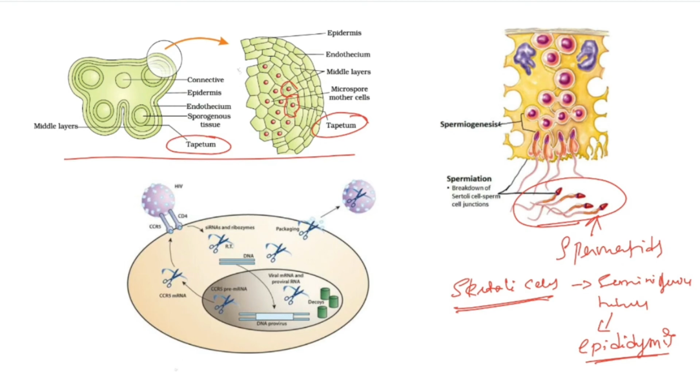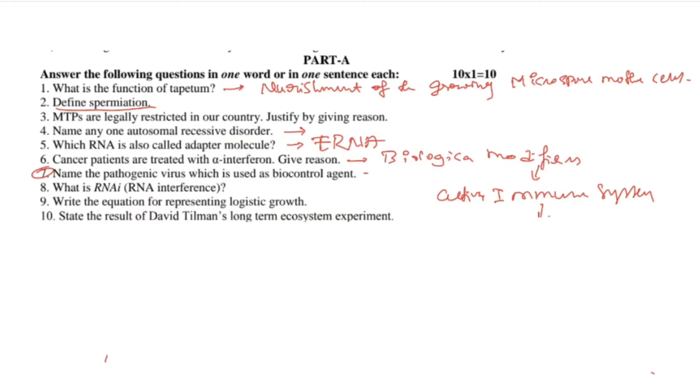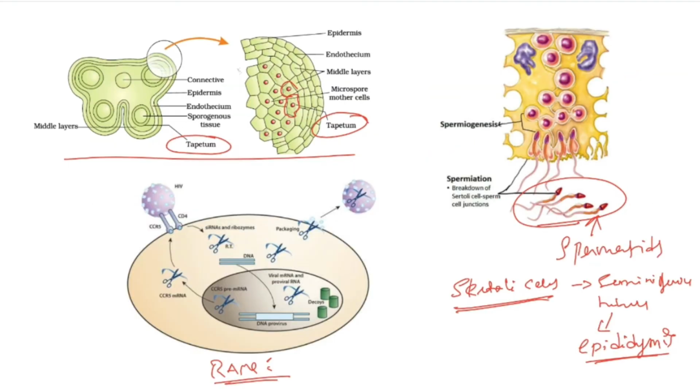So this is RNAi, showing the process of RNAi. The name itself suggests interference, right? So it interrupts the process, right?